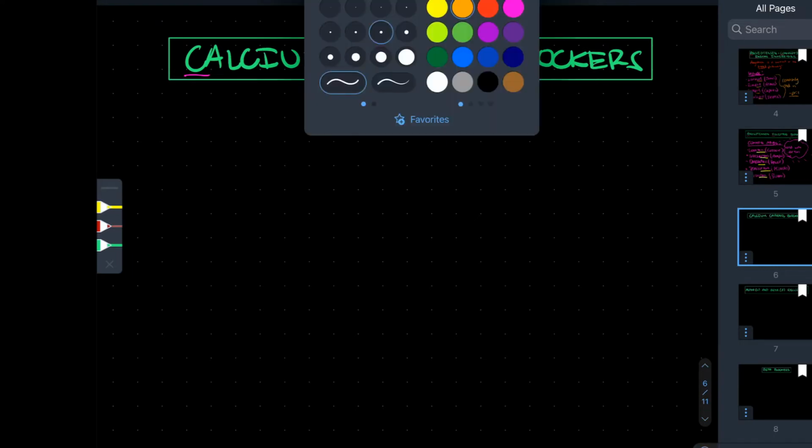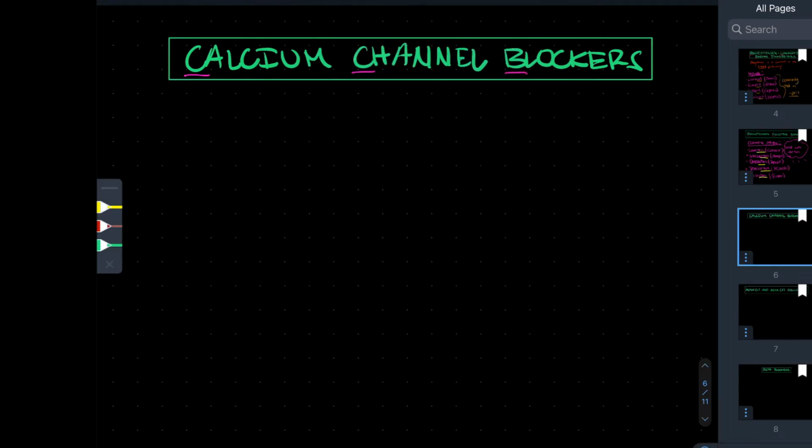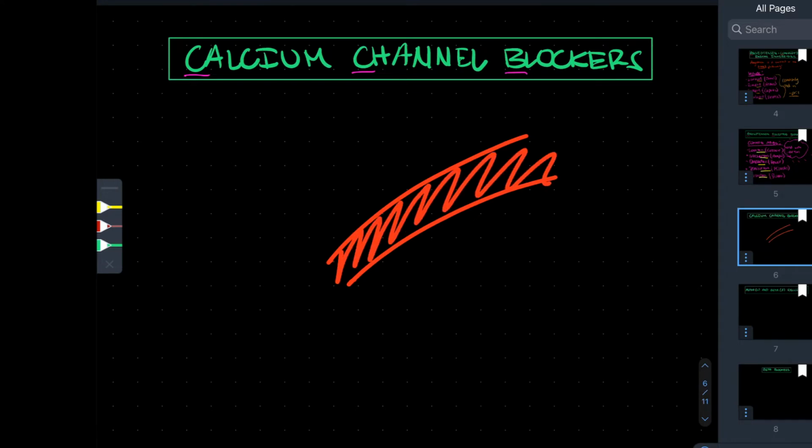So basically, let's say that this is a myocyte, which is a muscle cell.